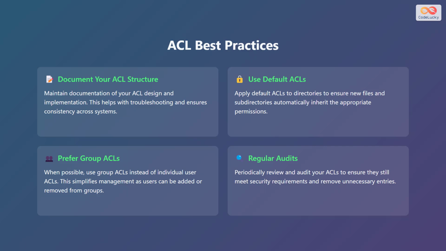Whenever possible, prefer group ACLs. Use group ACLs instead of individual user ACLs. This simplifies management as users can be added or removed from groups without modifying the ACLs. Perform regular audits. Periodically review and audit your ACLs to ensure they still meet the security requirements and remove any unnecessary entries.